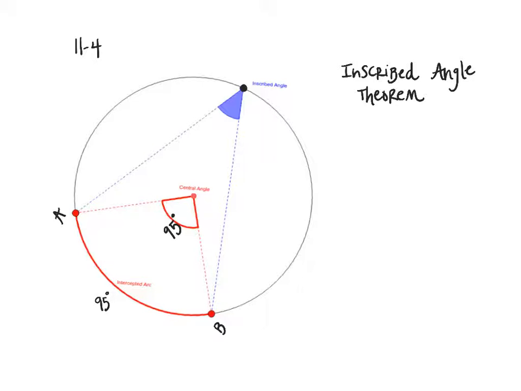And so it actually has a special relationship. I'm going to let this point be C. We can say the measure of angle ACB, that's the inscribed angle, is always half of the intercepted arc.